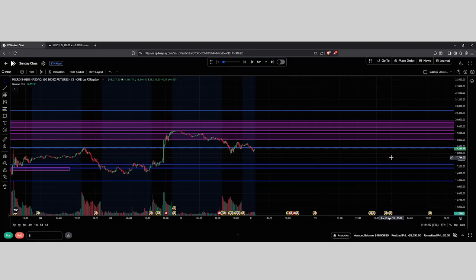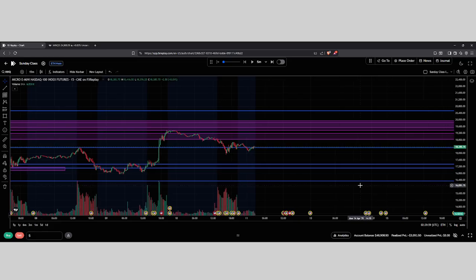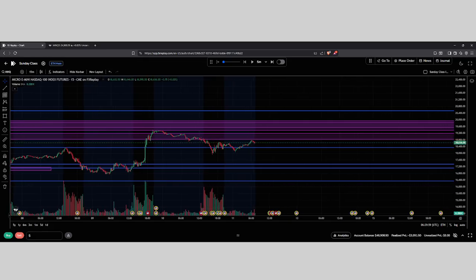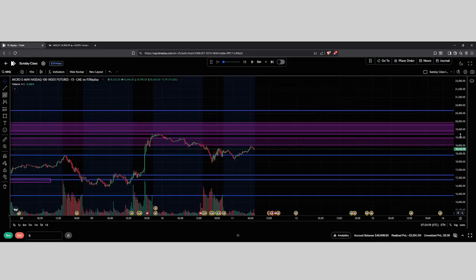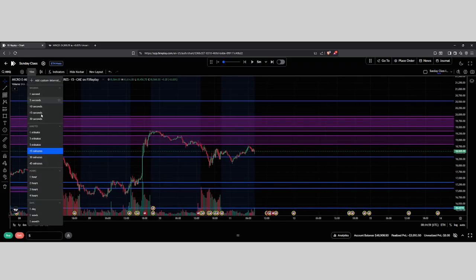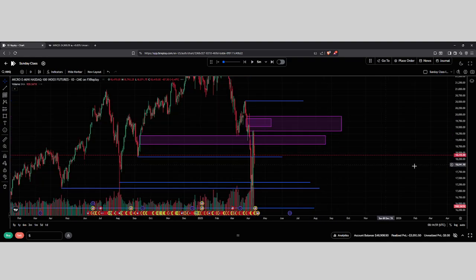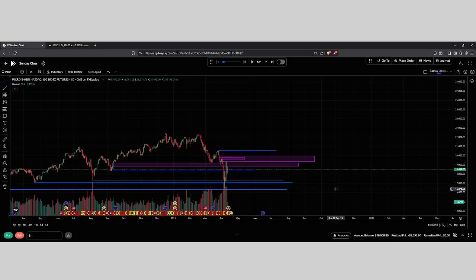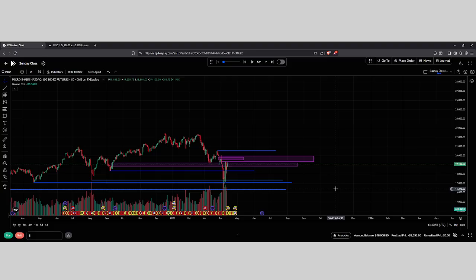Crazy. Should see how the daily plays out. I feel like that's where I want to be right now. This is kind of chopping after such a fat day.